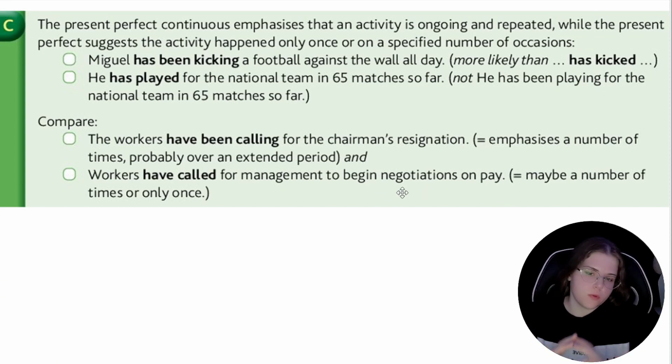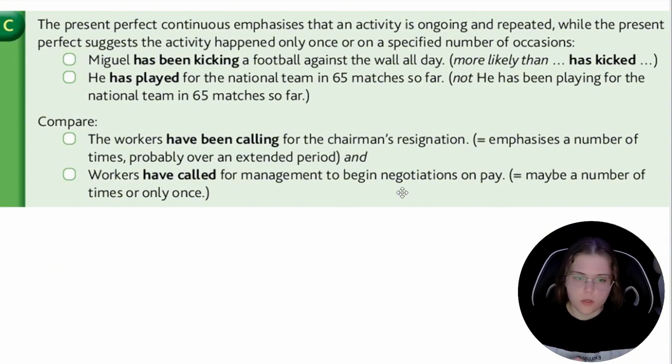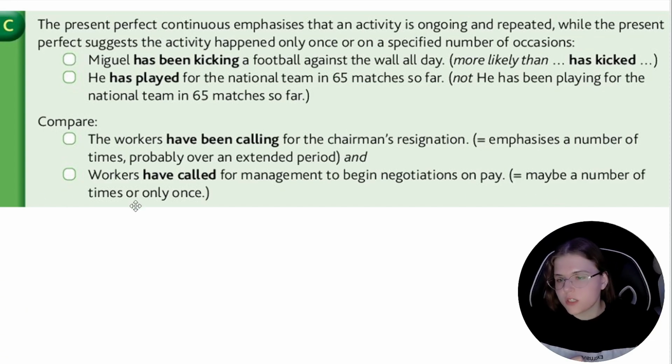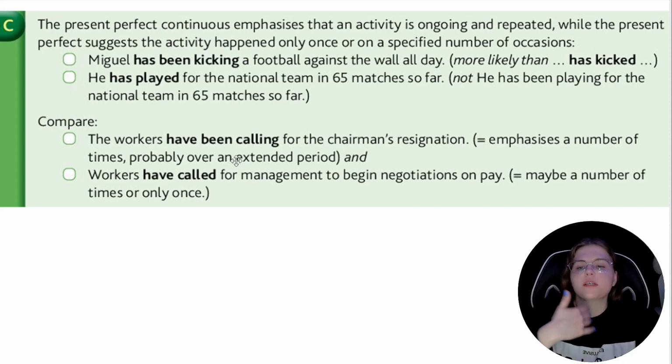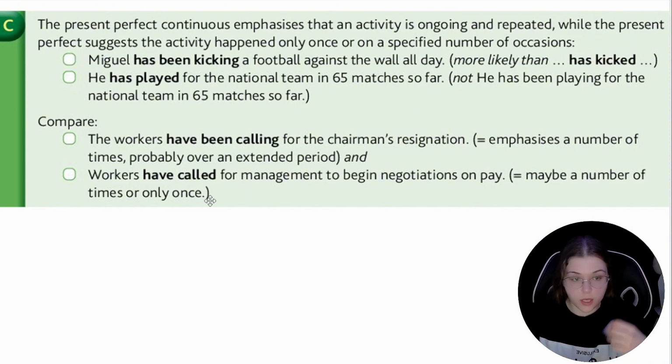In our time, we can see a lot of negotiations between 2 or 3 presidents on the TV. Negotiations on pay, maybe a number of times or only once. One more time. They have been calling a number of times, probably over an extended period of time and so on. It was very long, but have called just a number of times. They have called.